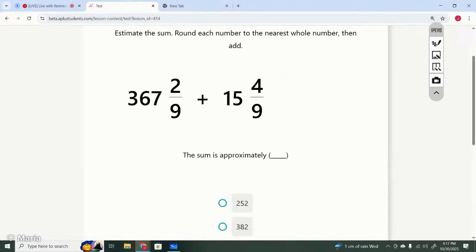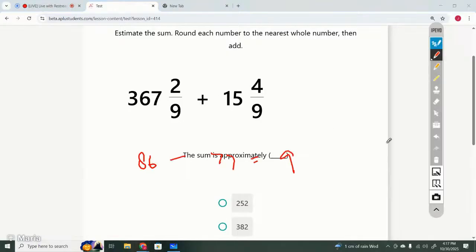367 whole 2 by 9 and 15 whole 4 by 9. 2 by 9 is less than half, so it would be rounded to the same whole number. 15 whole 4 by 9, so we need to round off to the same whole number. 5 plus 7 is 12.